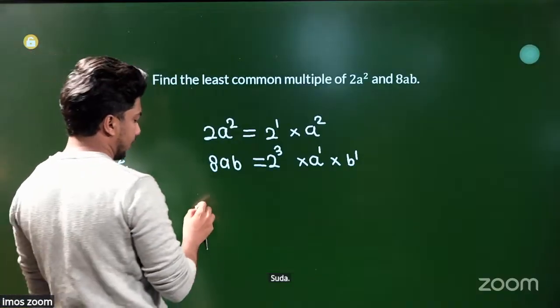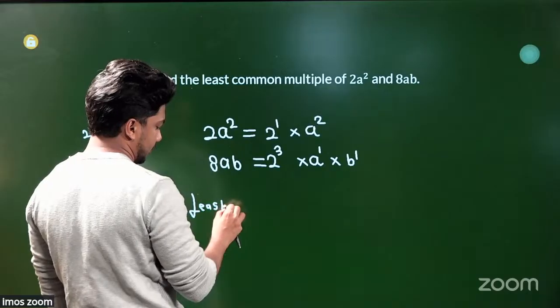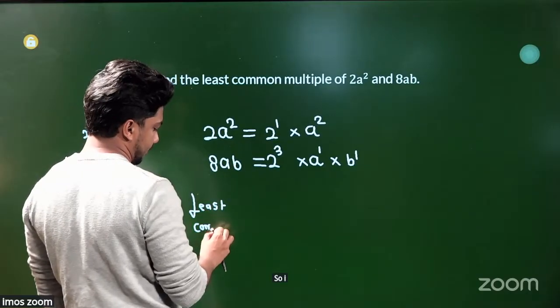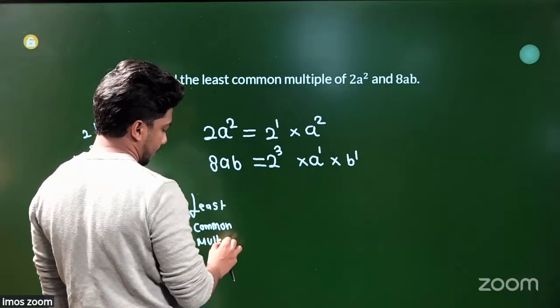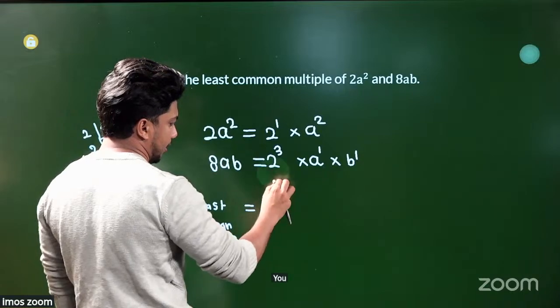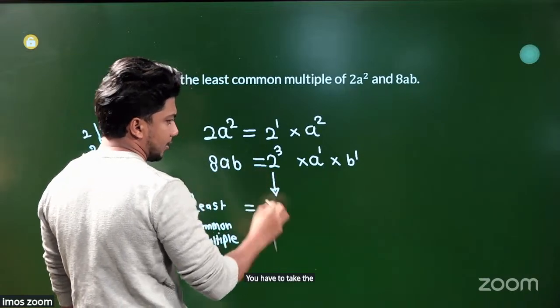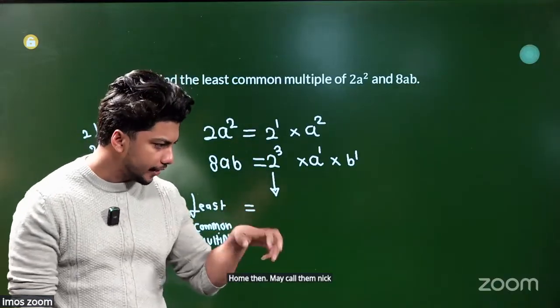Okay, so I can find the LCM. You have to take the term, then this column, the term which has the highest power.